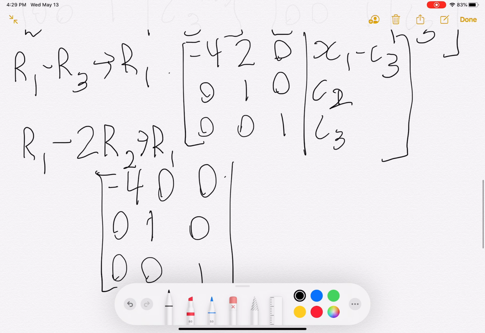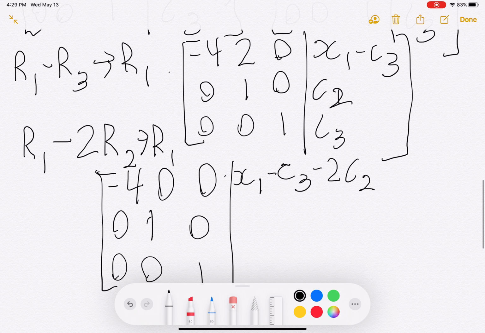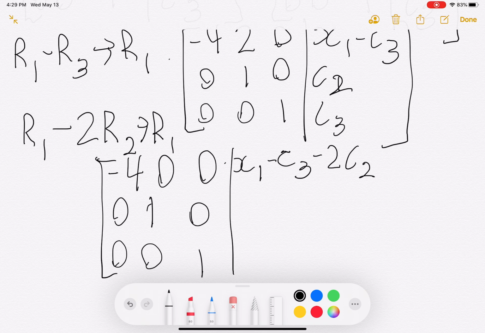So that's basic. That's just x1 minus C3 minus 2 times C2. Now it seems a little bit awkward that we're working down from C3 to C1.